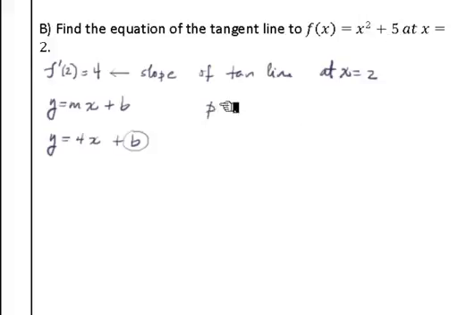So the point on the line is x equal 2, and y is f of 2. So let's figure that out too. f of 2, that's 4 plus 5, that's 9. So 2, 9 is our point. Let's substitute that in: 2 for x, 9 for y.